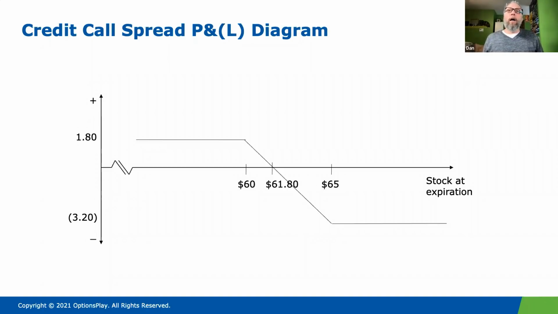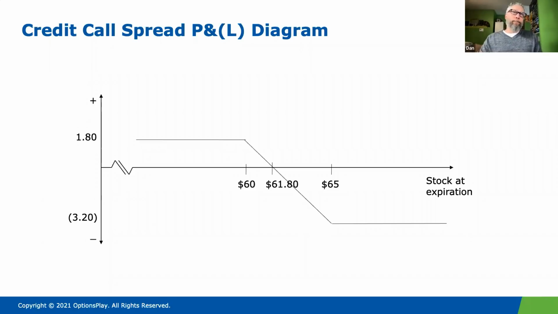Now, our break even is $61.80, and the same logic follows. If the stock is above 60 but below 65, I would get assigned on the 60 call, therefore getting short stock at $60 a share, but I add the $1.80 I collected, so my effective short price would be $61.80.